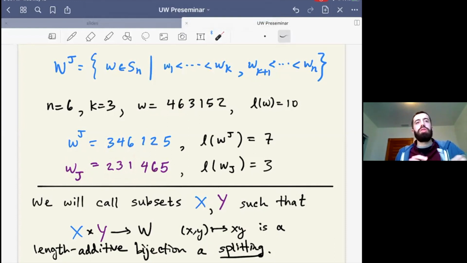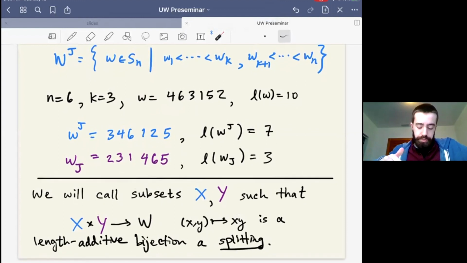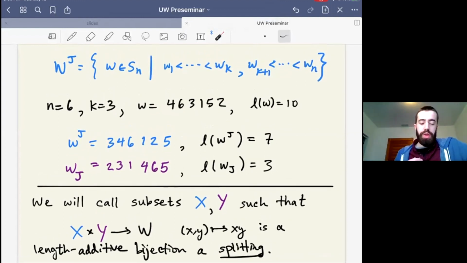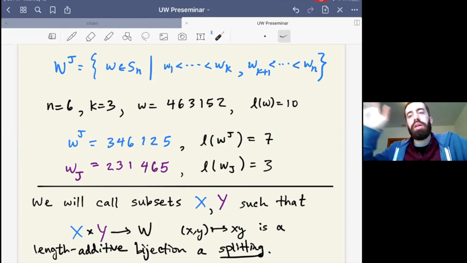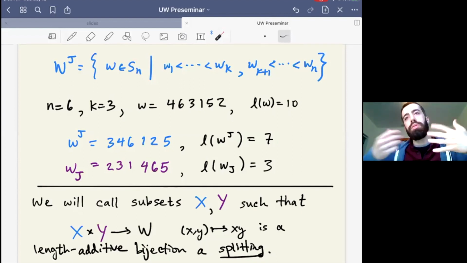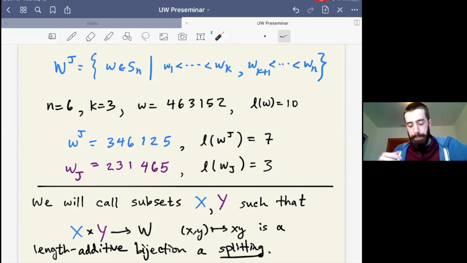Okay, so just a little bit of foreshadowing for the talk. We just talked about how, if you give me any subset J of my simple generators, I get a parabolic quotient and a parabolic subgroup. If I take all pairwise products of these 2 things, I get a bijection with the whole group, because everything decomposes uniquely. And that bijection had this length additive property, that the length of the product was the sum of the lengths of the parts.